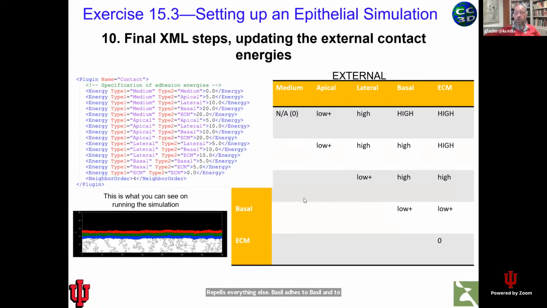And so here are the energies we're going to use. And you're going to need to go through and type those in. Medium doesn't do anything, so it doesn't matter.